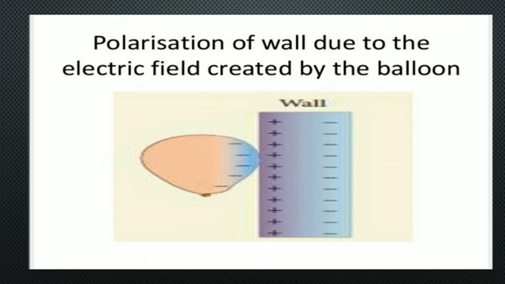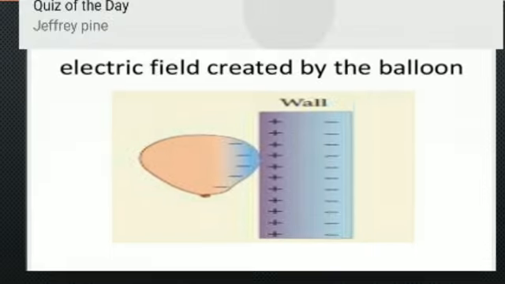So this is called polarization. ஏன் பலூன் வந்து நம்ம செவுத்தில் ஸ்டிக்காக இருக்குது அப்படின்னா because of polarization, due to the electric field created by the balloon. Okay students, right? So this is the example for polarization.